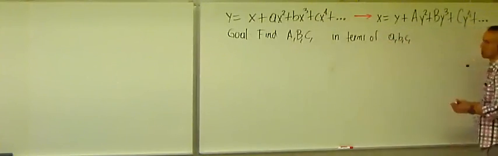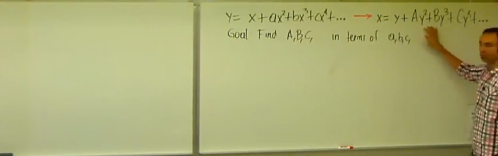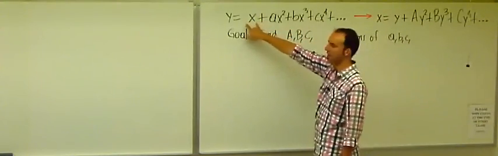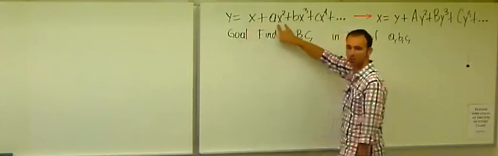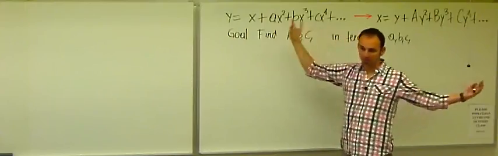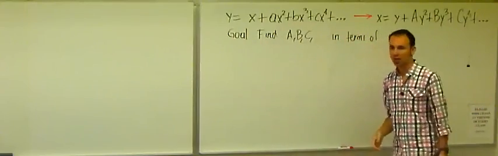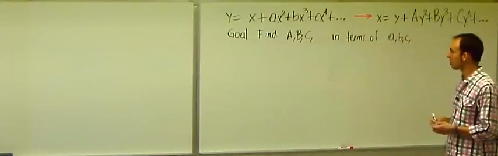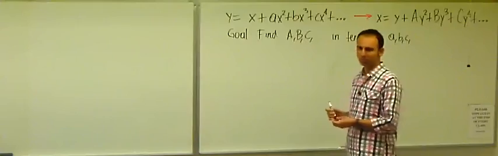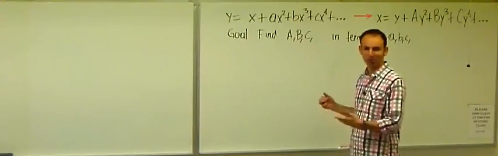So what you could do is just plug in. You take x equals this, plug it into here, and again, and again. And then you get this massive system of equations. And you'll see that that system can be solved. It gets more and more annoying to solve the farther you want to go.